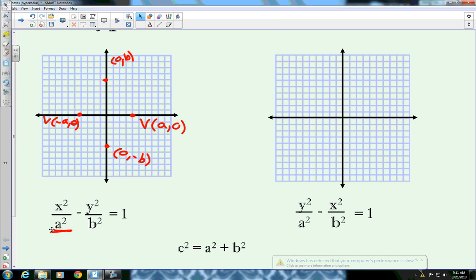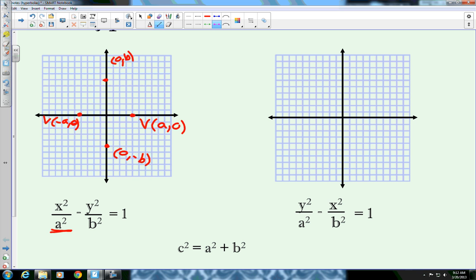Now, in order to draw these correctly, you're going to take these 4 points and sketch a rectangle around them. It's going to go through each of those points.